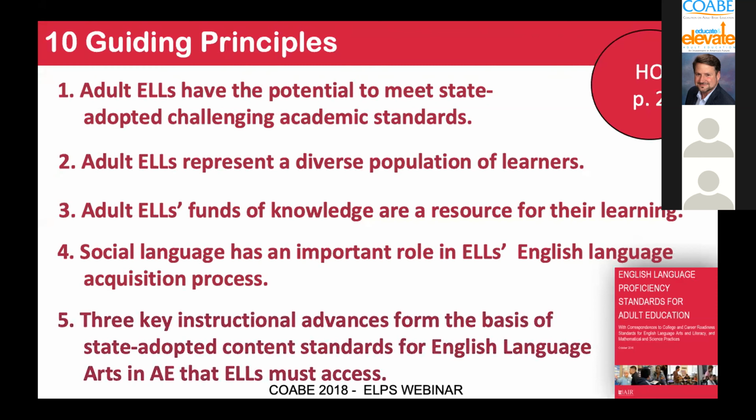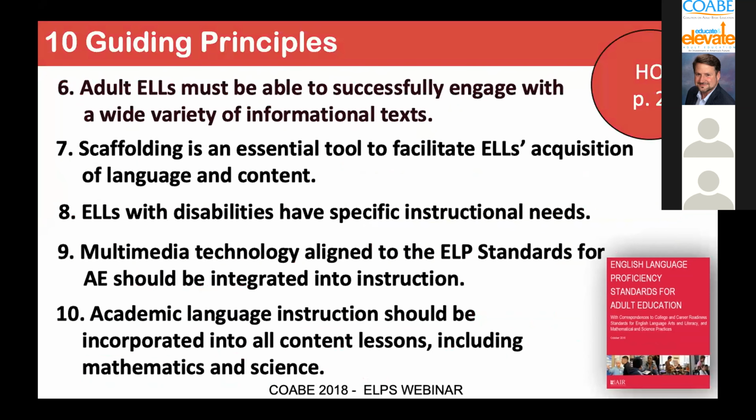And number 5 is really a link back to the college and career readiness standards, talking about 3 key instructional advances that form the basis of the standards that English language learners must access. We know that for relevance and 21st century accountability, we need to be helping our learners engage with a wide variety of informational texts.